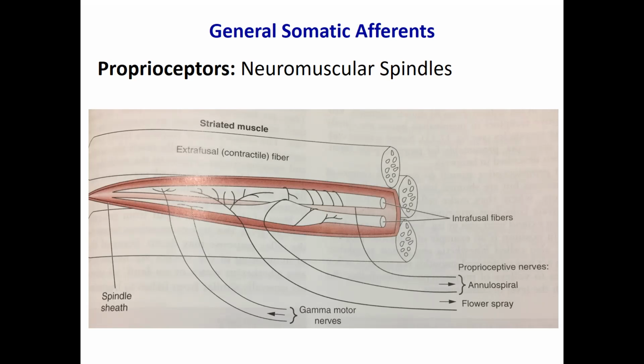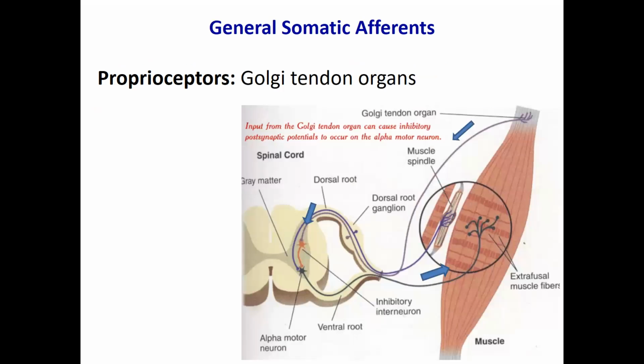Another component of the proprioceptors is the Golgi tendon organs. They are present at the musculotendinous junction, where the muscle tissue transitions into tendinous tissue.